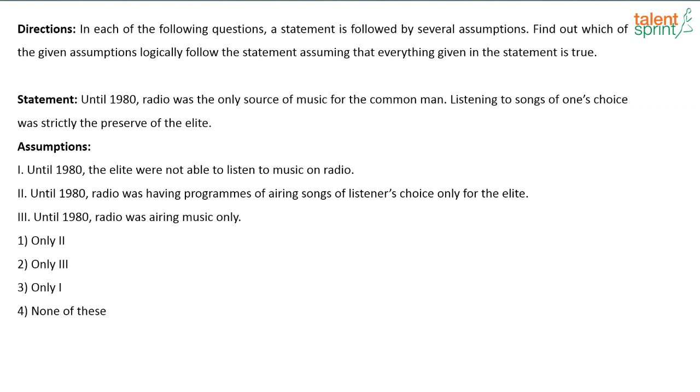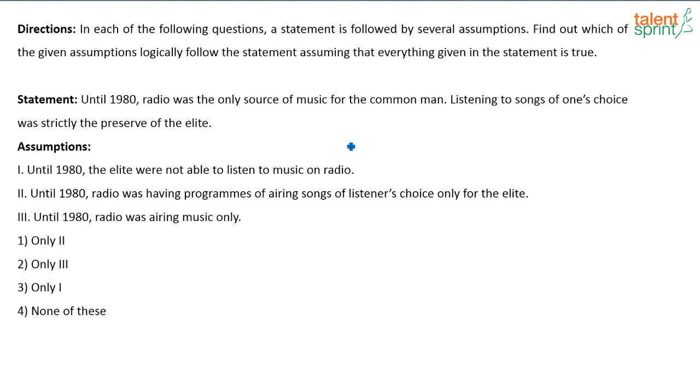Might be they had some music system or tape recorder, whatever, I don't know, some other means. Nothing about that is mentioned here. So what they are saying is that until 1980, for the common man, radio was the only source where they could listen to songs. If you wanted to hear your own song, then you had to be a very rich person. Now, first assumption, until 1980, the elite were not able to listen to music on radio.